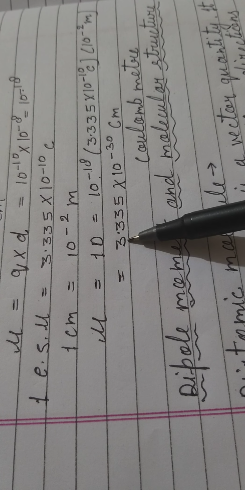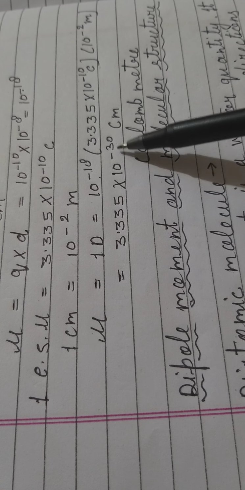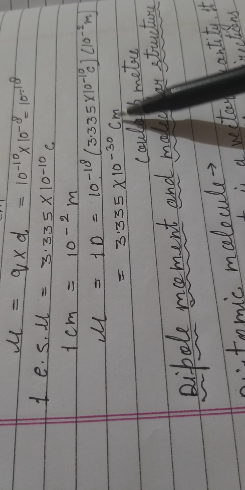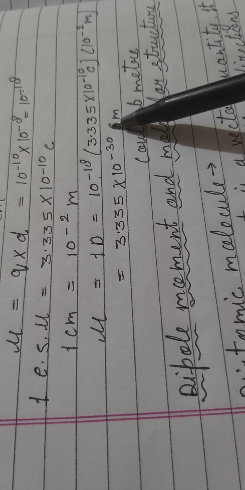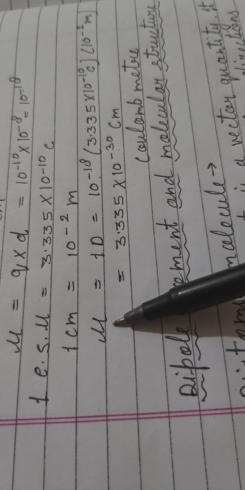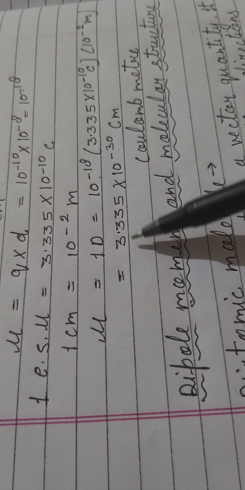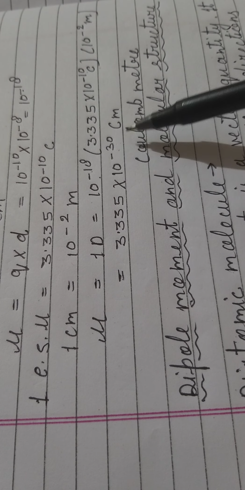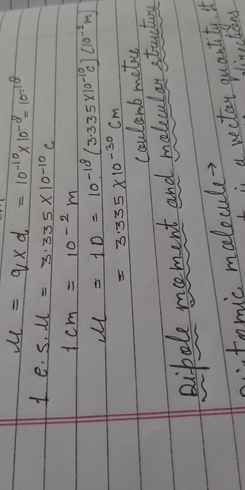So we have mu equal to 3.335 into 10 raised to the power minus 30 coulomb meter. It is not centimeter; here C is capital for coulomb, and M for meter. So this dipole moment mu is equal to this value in coulomb meter.